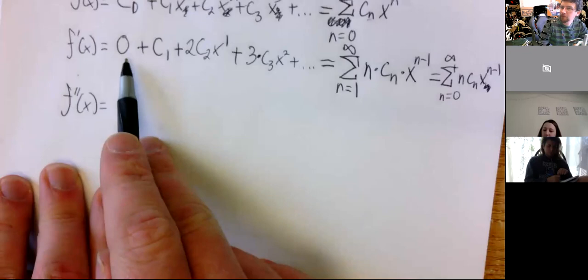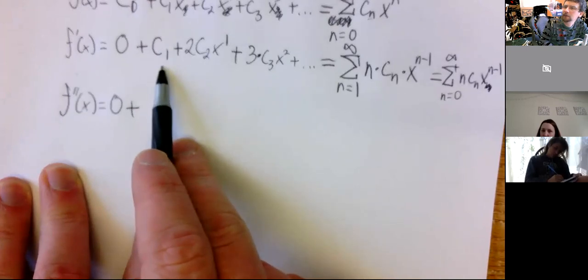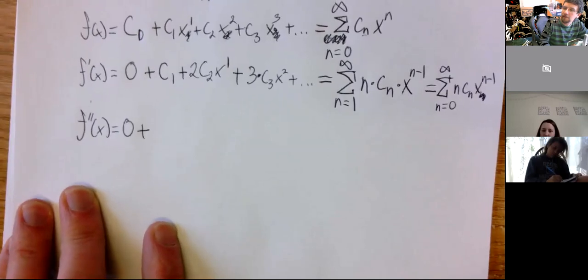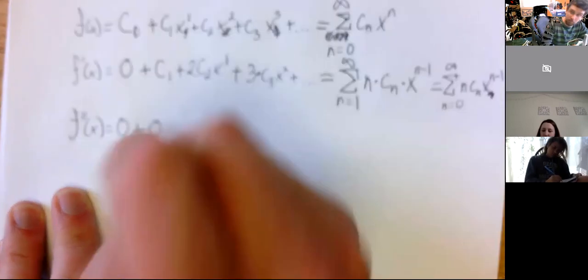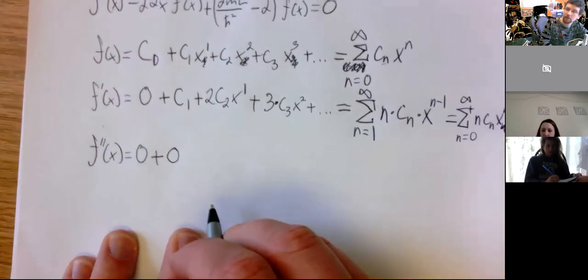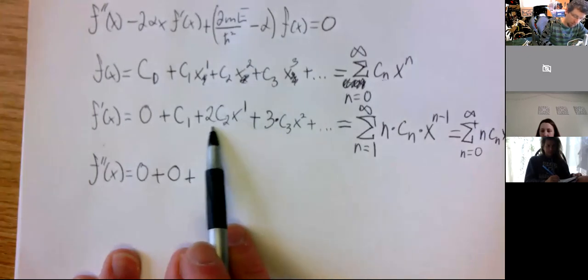First term right here, definitely still 0. Second term, what happens with this guy? It becomes 0. And then, let's see, this term, what's it going to become? 2 C2.